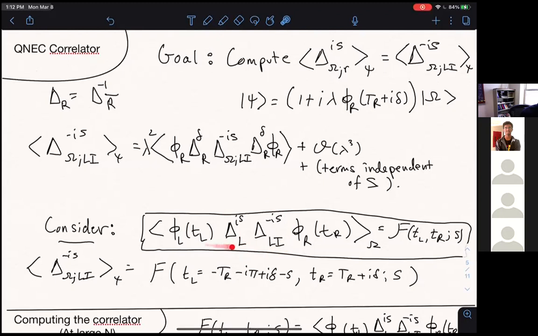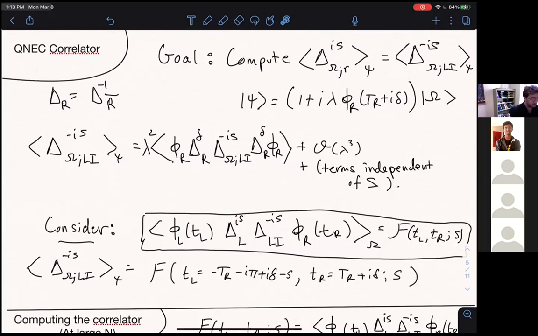If I can compute this, I can get to this quantity up here just by doing analytic continuations. So how do I see that? Well, this modular evolution operator is just a boost generator. It effectively just shifts T left. That's because L, remember, is just this simple Rindler-like region, and so its modular flow just generates boosts.